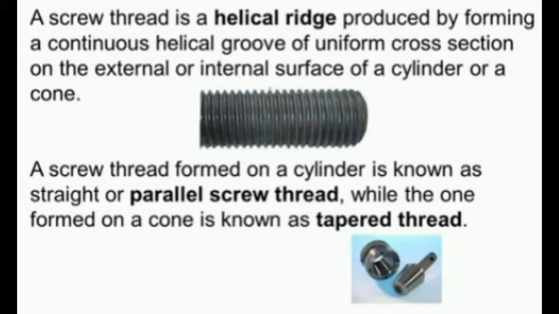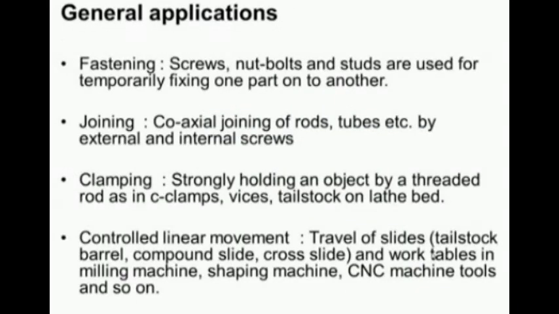Now, what are the general applications of screw threads? They are used for fastening purposes. That means screws, nuts, bolts, and studs are used for temporarily fixing one part onto another.